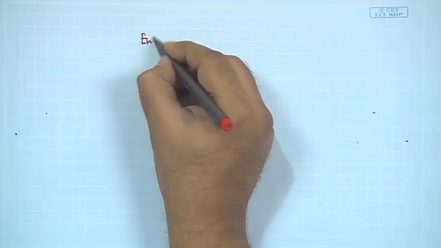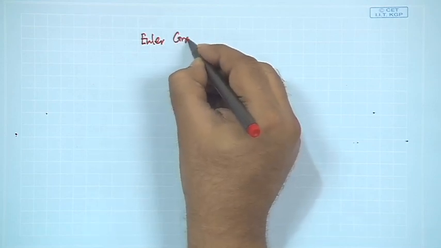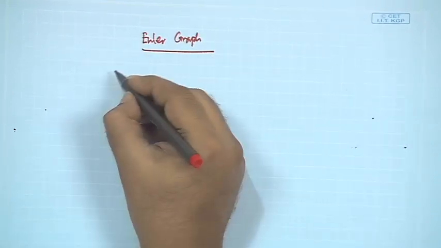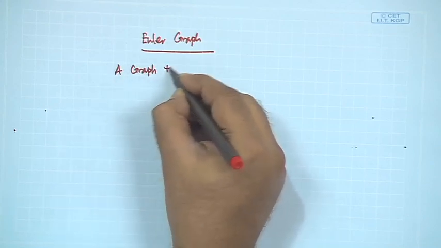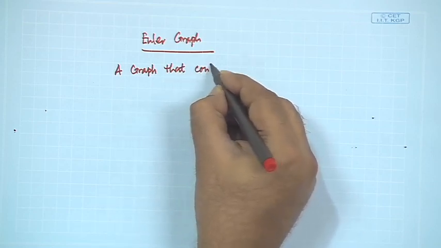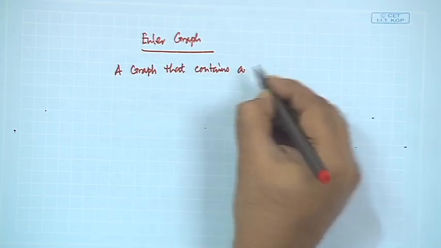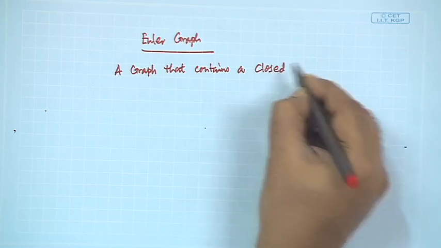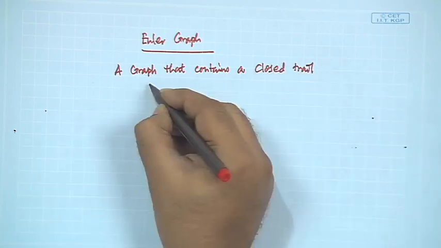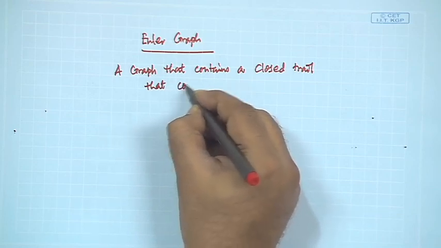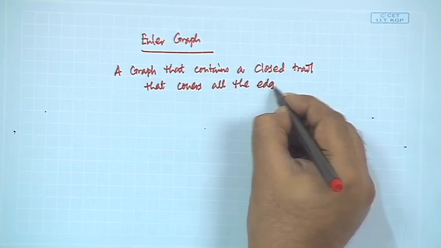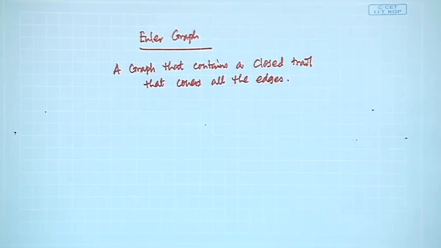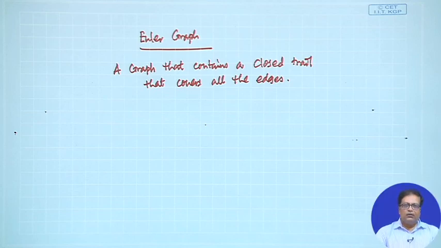An Euler graph is a graph that contains a closed trail that covers all the edges, right.